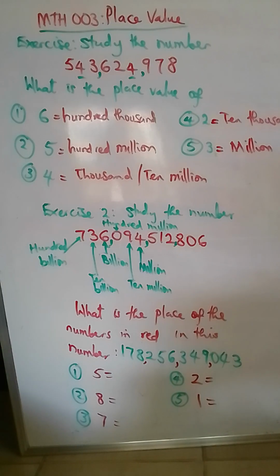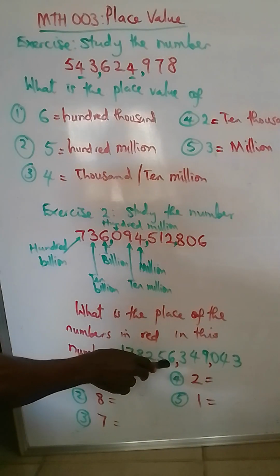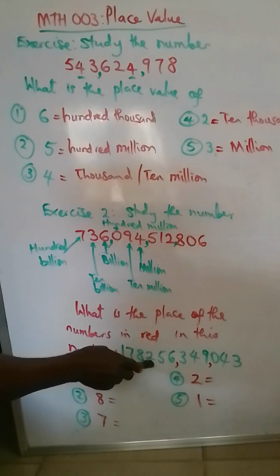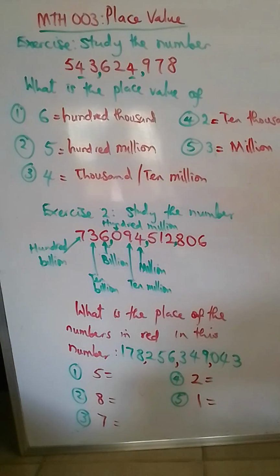And also the 8th number, that is the one after 6. What's the place value of this number? From the example given to you, you can find the place value of that and write your answer, and you can pause and then come back to check what the correct answer is.